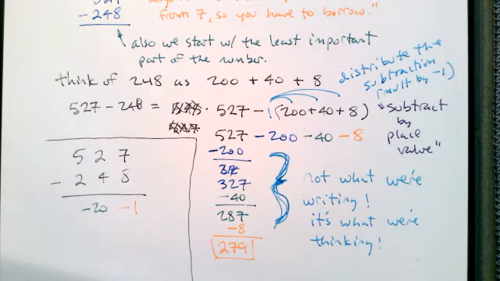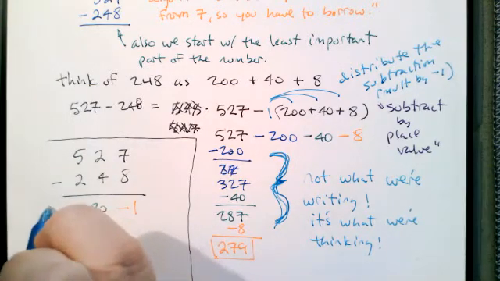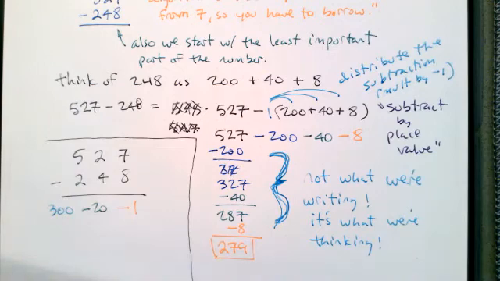And 500 minus 200 is 300. We wouldn't normally speak this number this way, 300 and negative 20, negative 1.